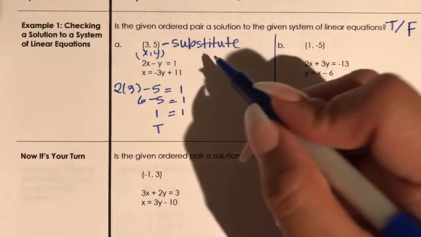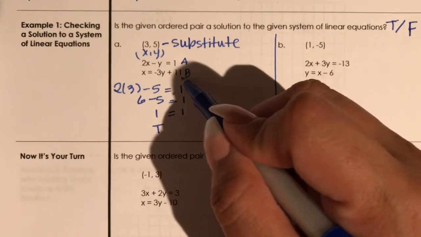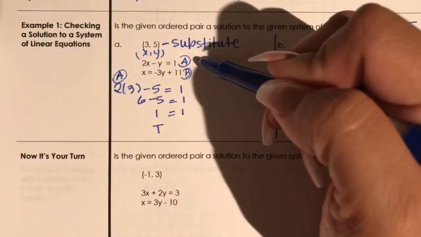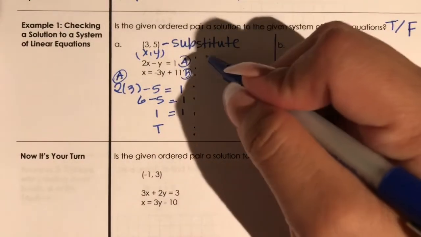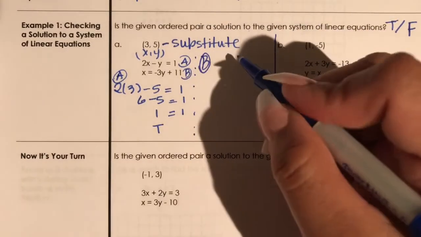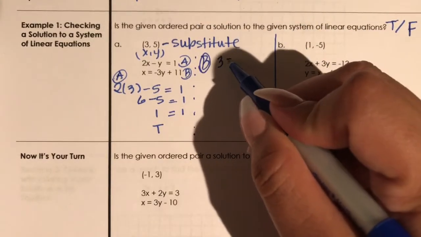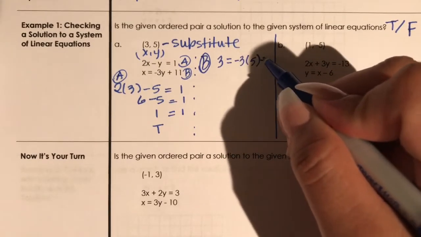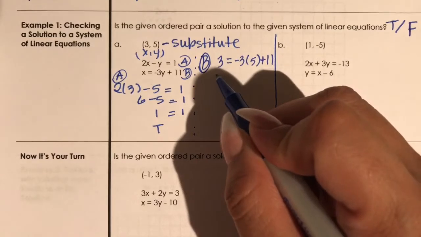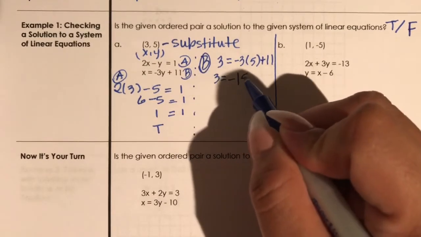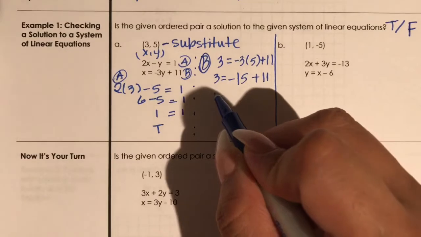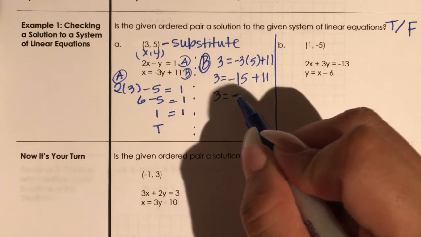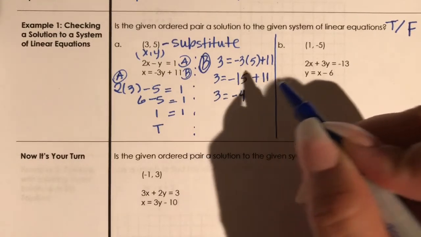That's equation A, and this is equation B. For equation B, 3 equals negative 3 times 5 plus 11. 3 equals negative 15 plus 11. 3 equals negative 4.